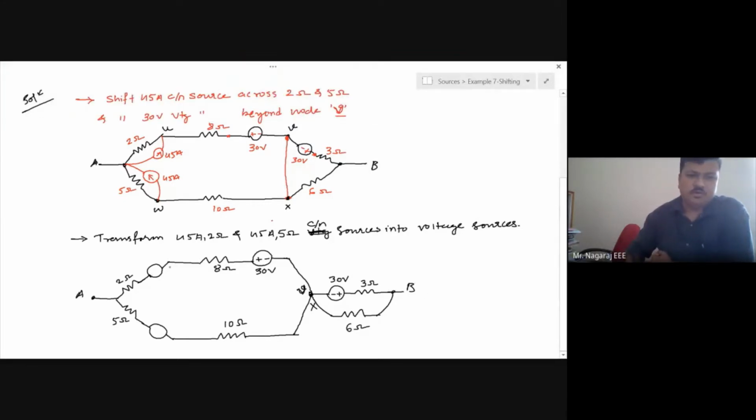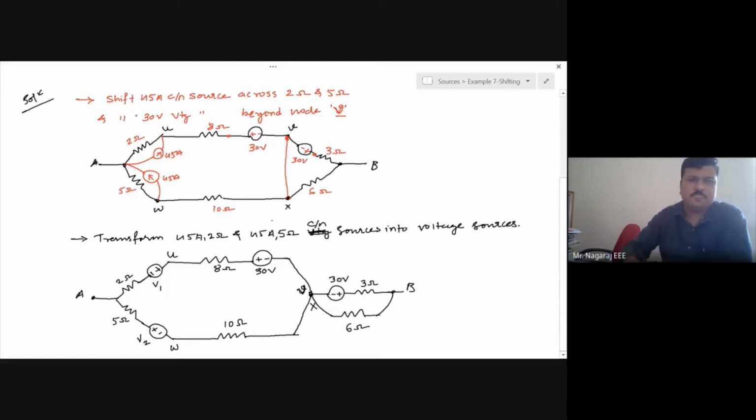Now, what about these voltage sources? Let me call them V1 and V2. The direction of 45 amps is towards node U, and this is W. Therefore, V1 will have positive polarity towards U and negative towards A. V2 will have positive polarity towards A and negative towards W. So I will directly write the value here, not calculate separately.